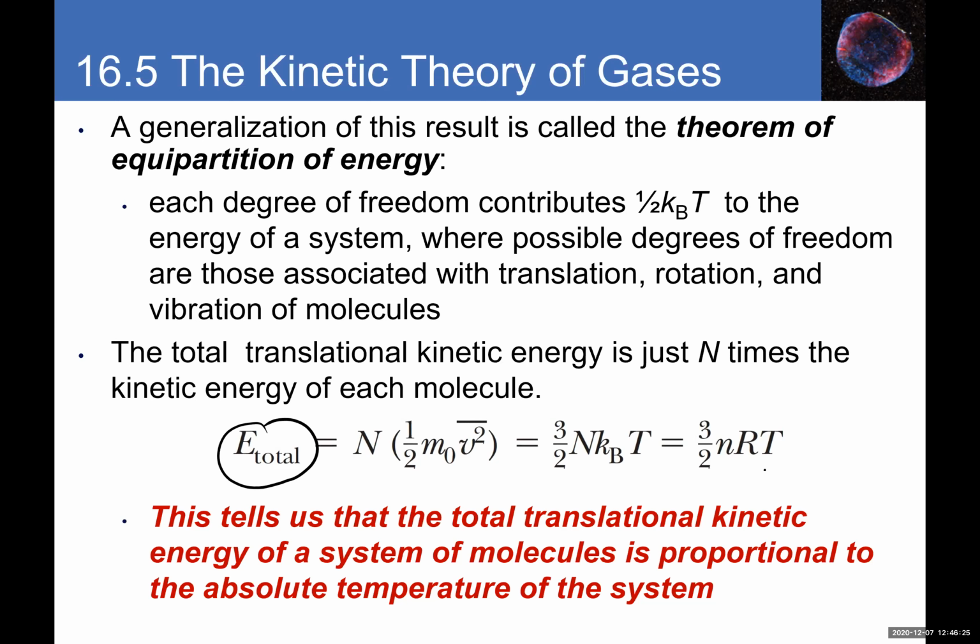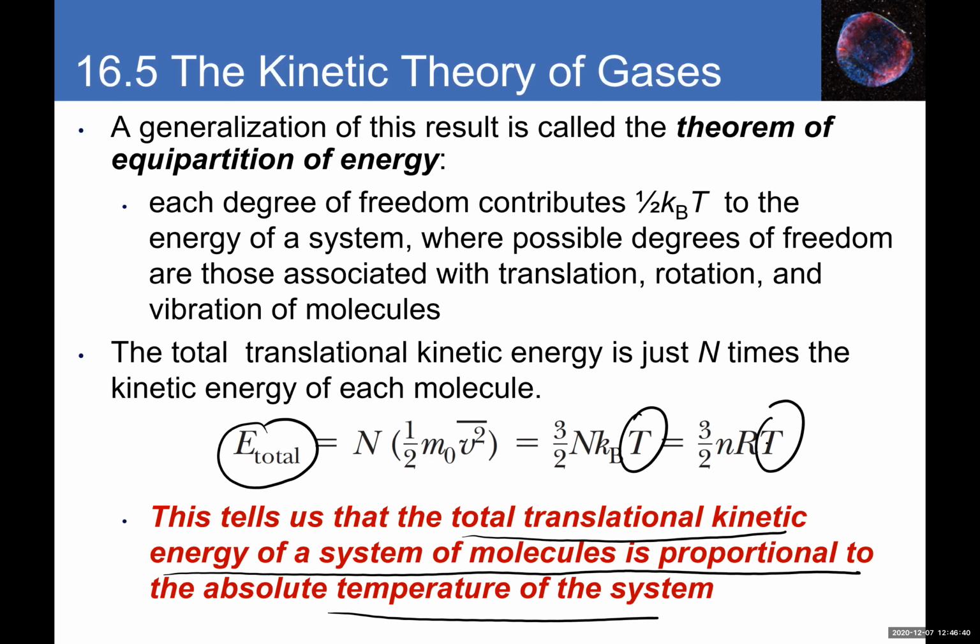Assuming we never change the number of molecules in the container, since it's closed to the environment, the total translational kinetic energy of a system is proportional to the absolute temperature of the system. The only thing it is proportional to is the temperature. The molecules moving faster or slower, which is the amount of energy they have, can only affect the temperature.